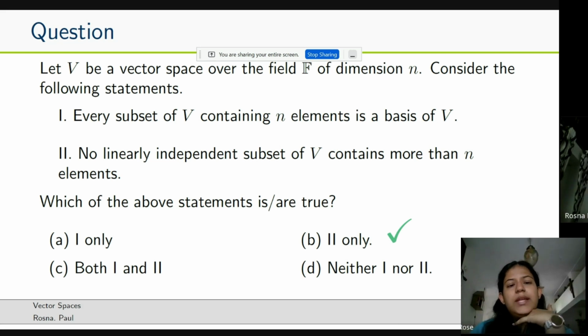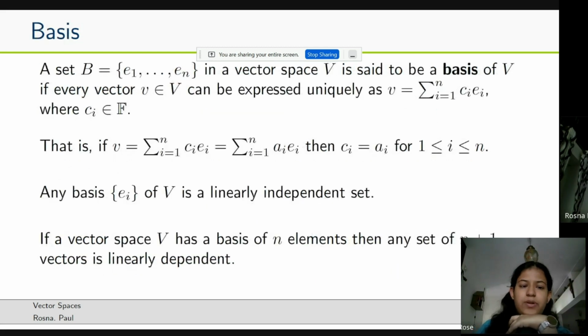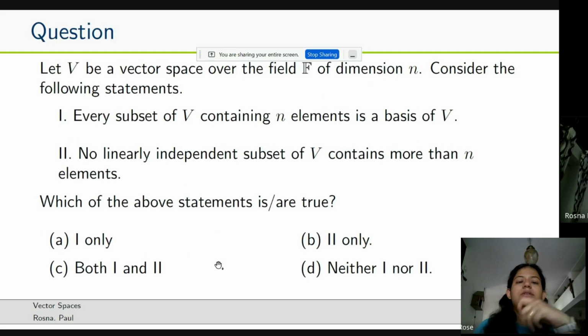The second one, no linearly independent subset of V contains more than n elements, is true. That is actually what we said just before. If we have a basis of n elements, then any collection of n plus 1 is linearly dependent. So a linearly independent set cannot have more than n elements. So option B is correct. Yes, I think all of you got it correct.